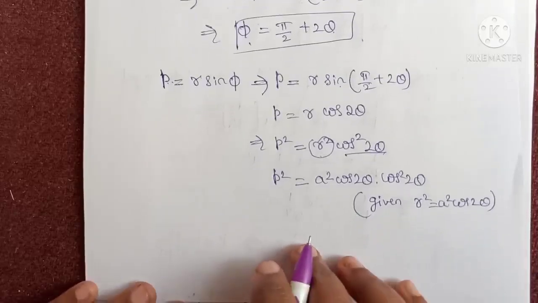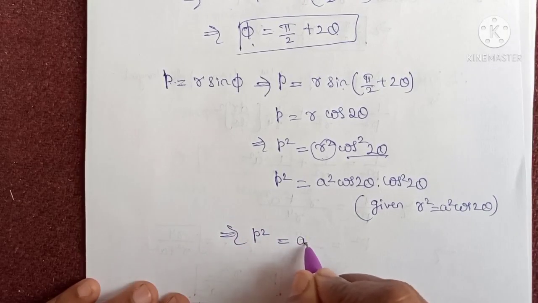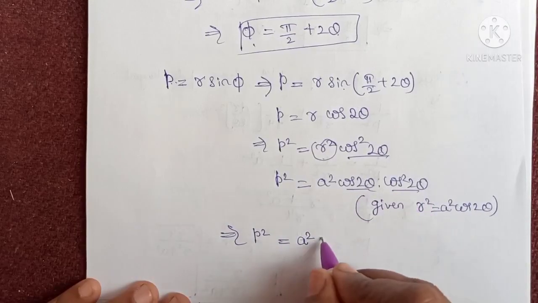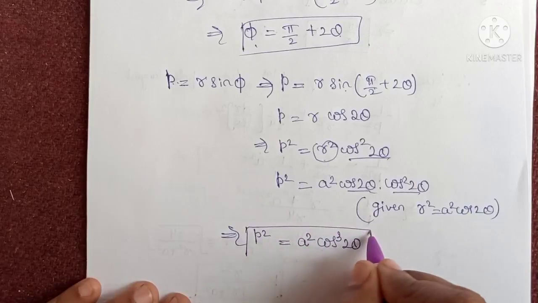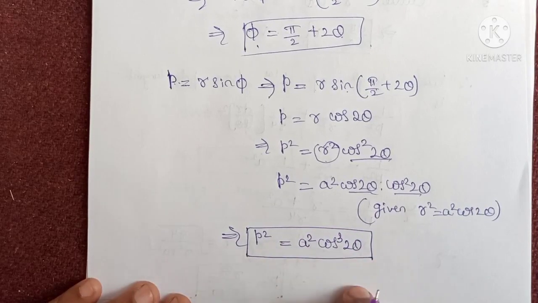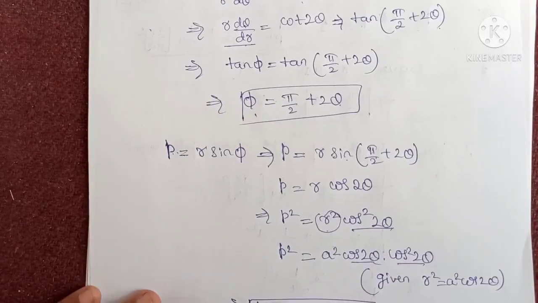Further simplifying, we get p square equals a square cos cube 2 theta. So this is the length of the perpendicular from the pole to the tangent. Like this we can calculate this length p.